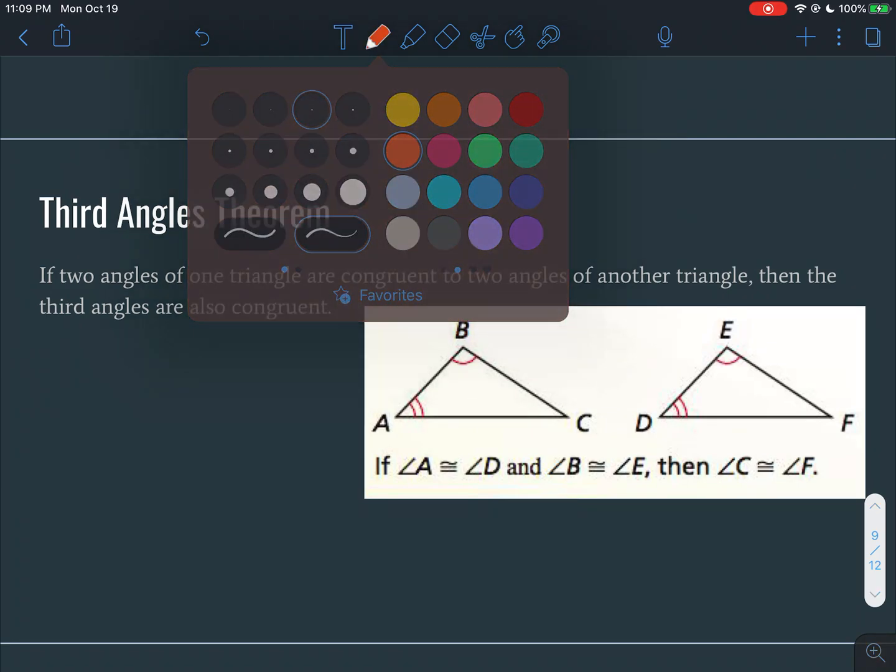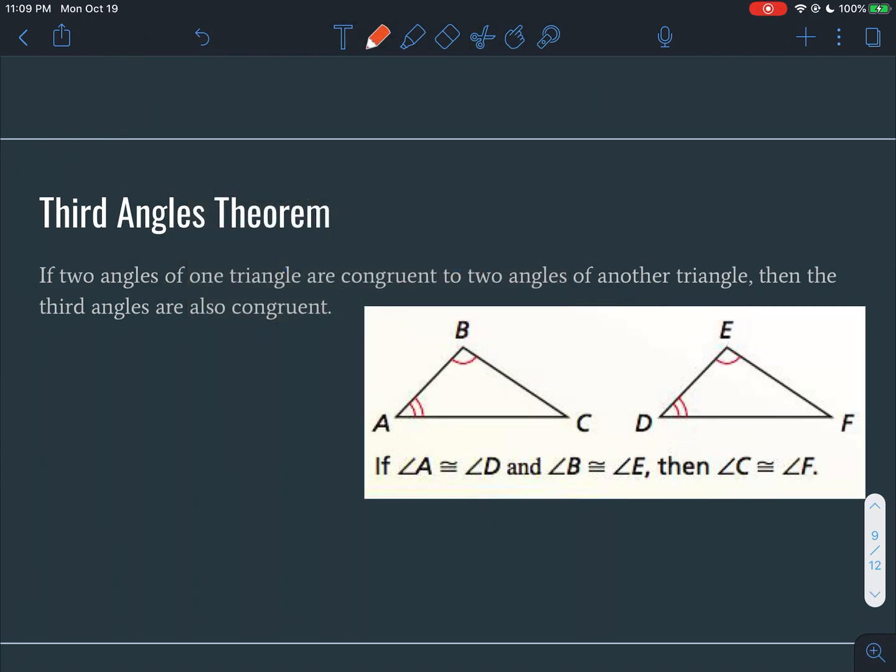And when I say that this is kind of common sense, so if I know that angle A is, let's say, 30 degrees and angle B is, actually let's make that 50 degrees. This is 50 degrees and this was 100 degrees.